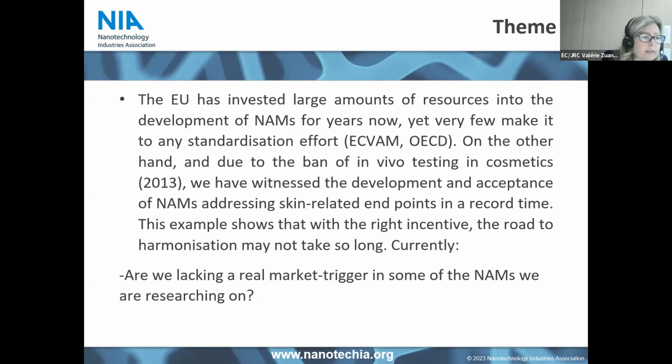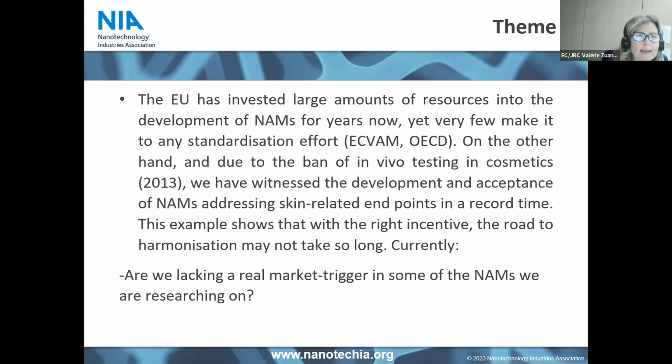So certainly there is a question of resources that needs to be tackled, because as was said by Alberto, a lot of funds go into research and development, but less so on validation and standardization. So we have a lot of discussions on that topic in the European Commission.